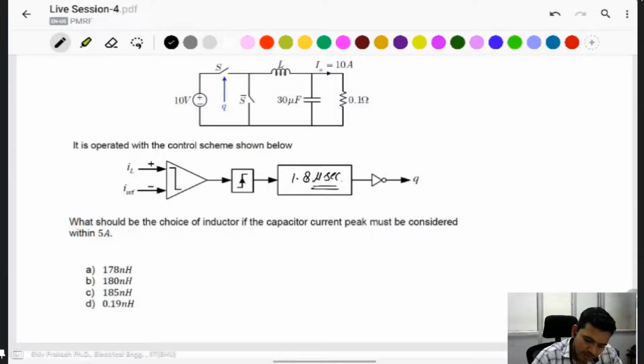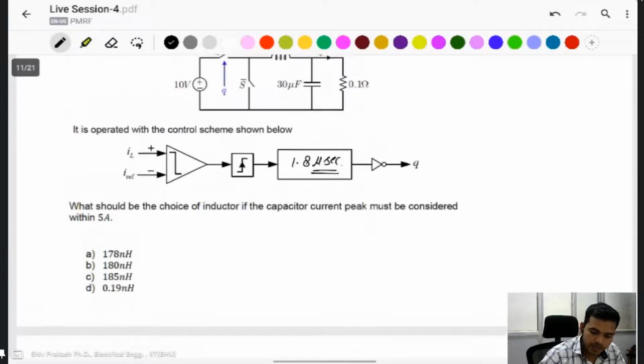He is asking about the inductor, if the capacitor current peak to peak must be considered within 5 ampere. It's not more than 5 ampere. Capacitor peak current, it means, you know in the buck converter, the capacitor ripple current is the same as the inductor ripple current in the buck converter.